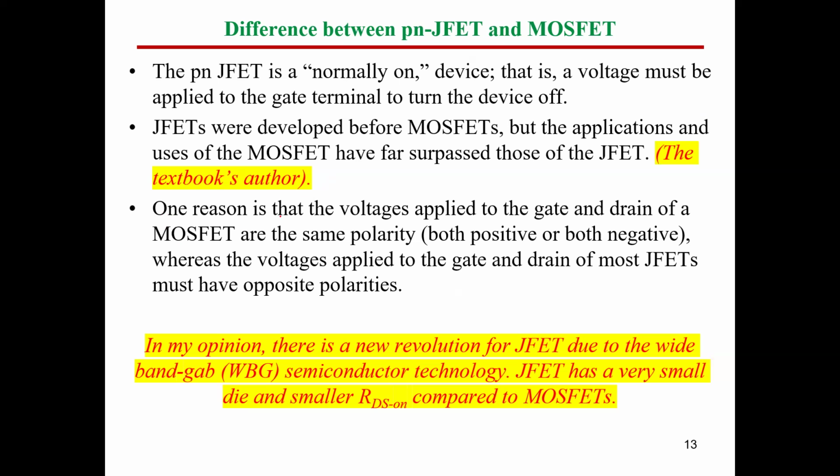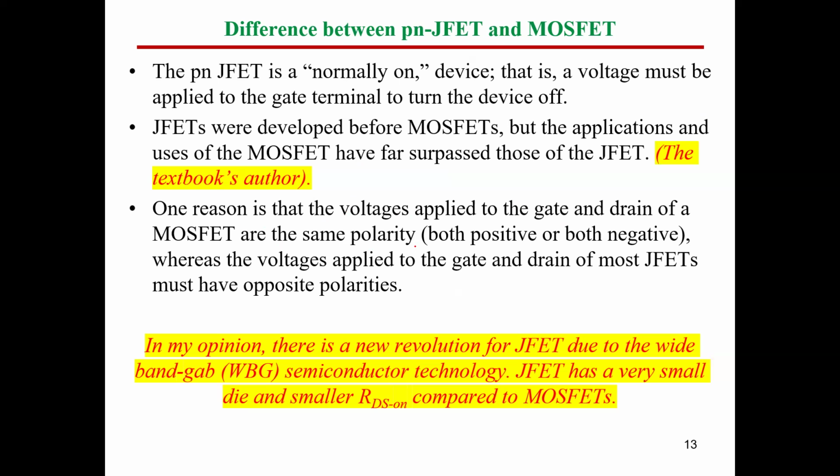One reason why the MOSFET has been more widely used than the JFET in the last few decades is that the voltages applied to the gate and drain of the MOSFET have the same polarity.